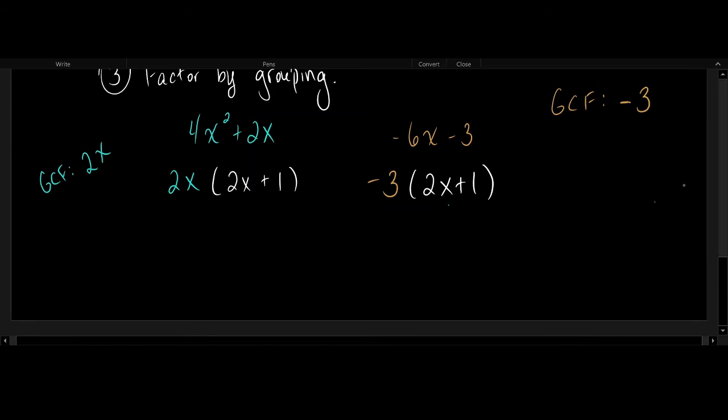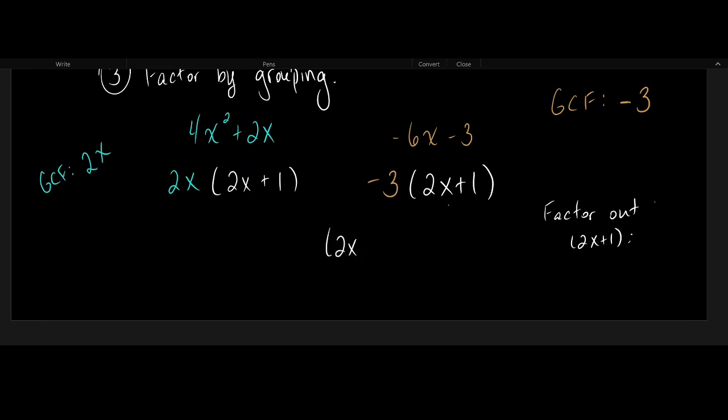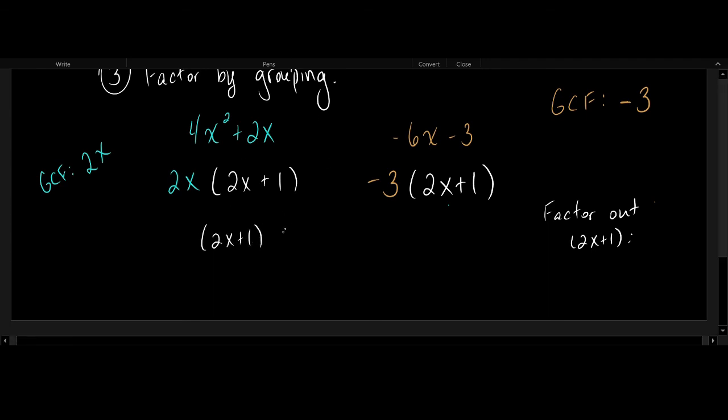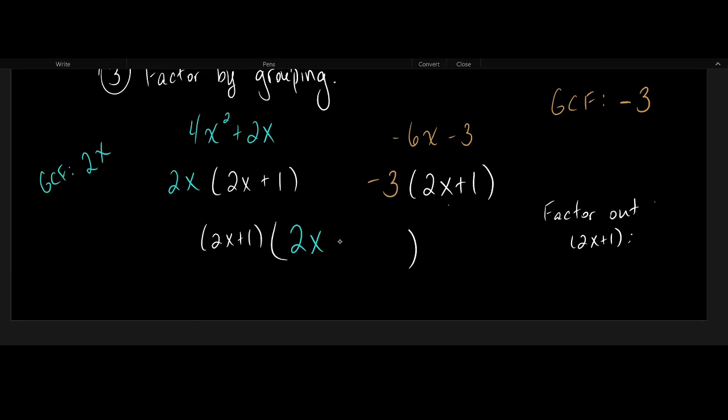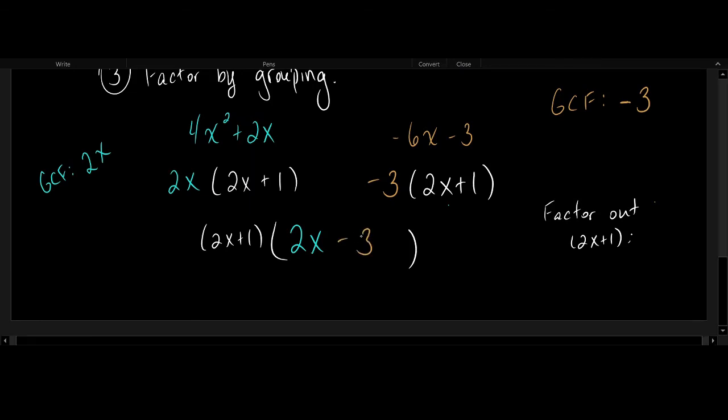So what I'm going to do now is factor out that 2x plus 1. Let's write it in the front: 2x plus 1, and what's left behind? What's left behind is the 2x from the first position and the minus 3 from the second position.